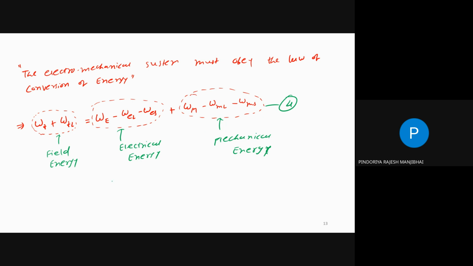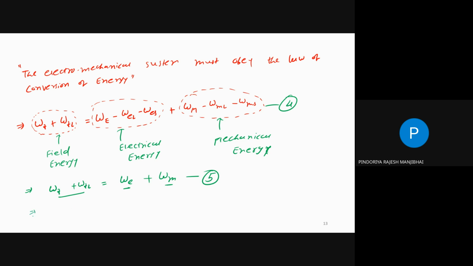Correct? So from this equation, we can simply write WF, the field energy, plus WFL, the losses, is equal to WE, electrical energy, plus WM, the mechanical energy. Correct? Equation number 5. So we can write field energy is equal to nothing but electrical energy plus mechanical energy. Correct? So this is a simple equation.